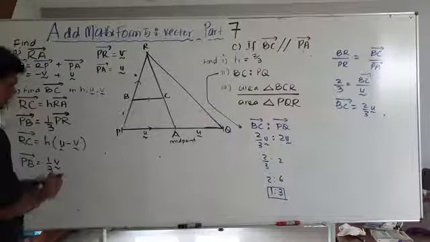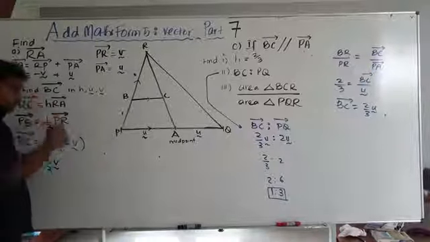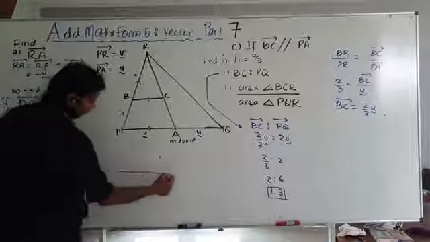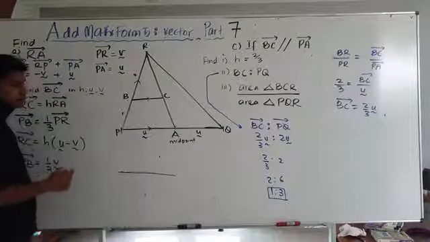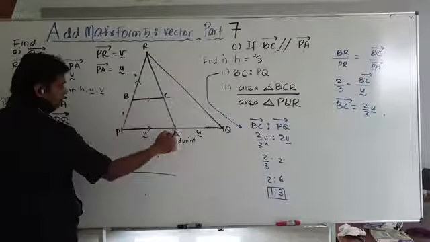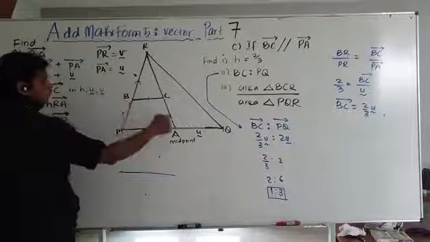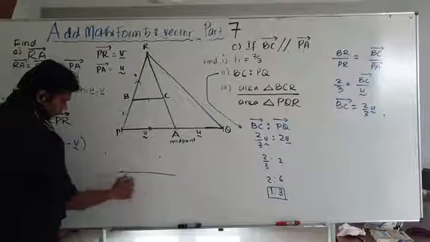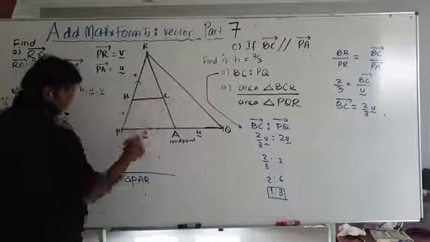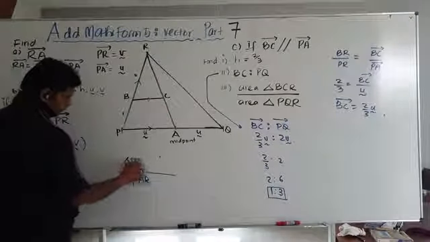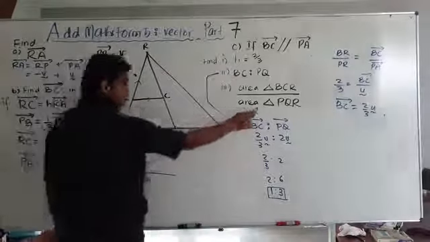Okay. So since it's a ratio, let's say the base. This is the base. So I'm now looking at triangle PAR over the triangle of BRC. Of course, the question is the bigger triangle.